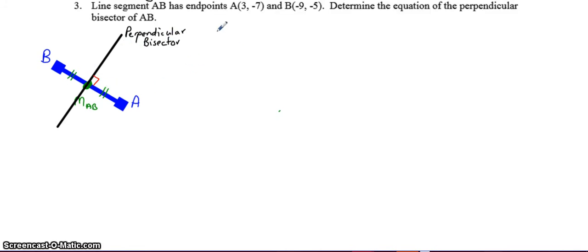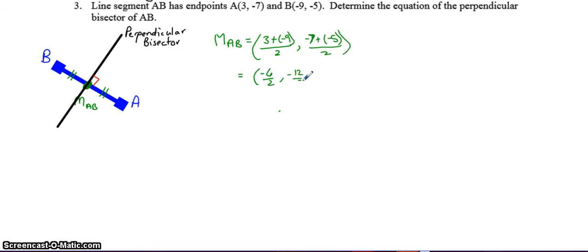So the first thing we have to do is to calculate the midpoint of AB. And that is equal to x1 plus x2 over 2, and y1 plus y2 over 2. And that is negative 6 over 2 and negative 12 over 2.